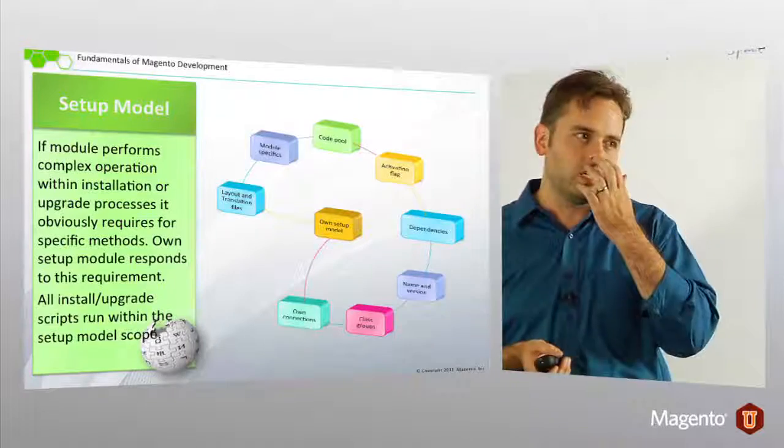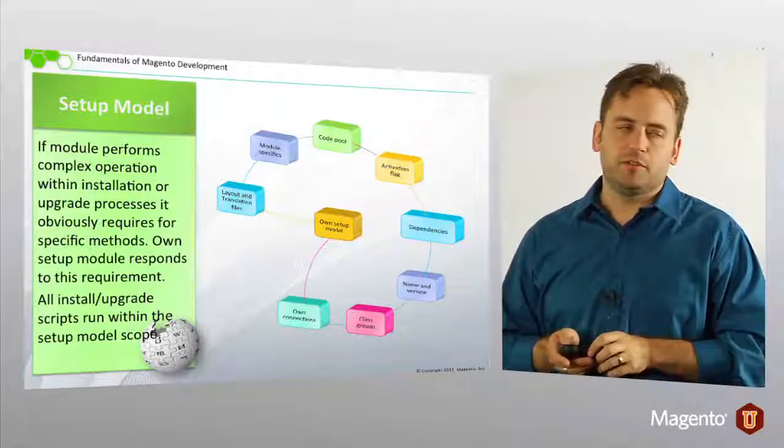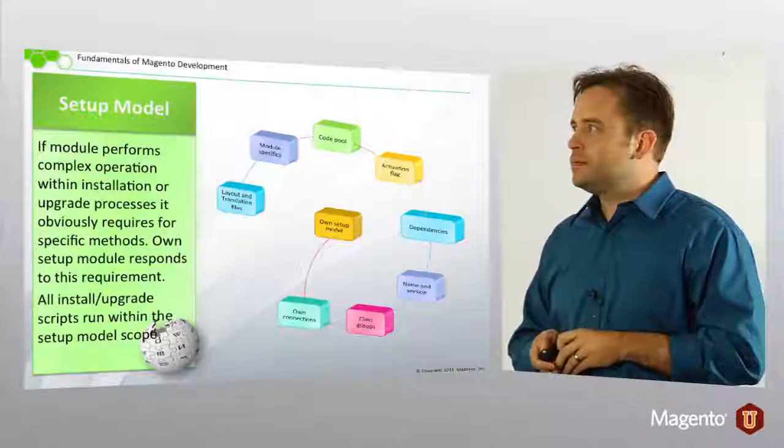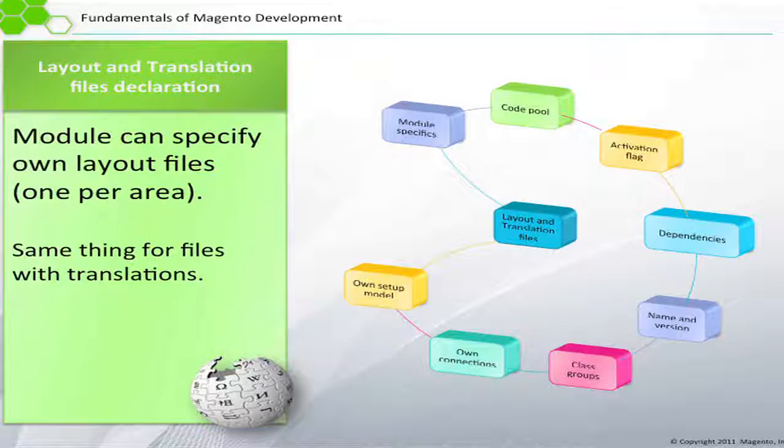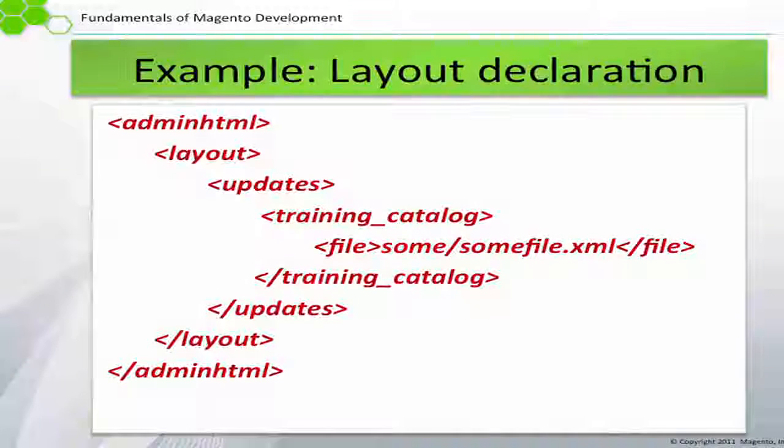We'll at least look at it in the context of the catalog module, but we may not do that in our own module. You can also specify layout and translation files, one per area, so front end and admin. And we will be looking at specifying a layout file for our module shortly.